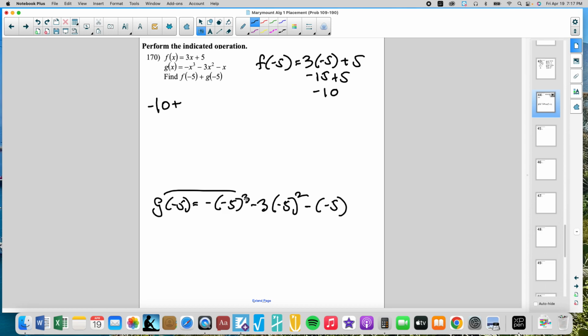So we're going to do the exponent, negative 5 to the third. This negative comes down, and then we're going to simplify this, which is negative 125. Negative 5 squared is positive 25. So that goes there. And negative is positive. That's positive 125 minus 75 plus 5.